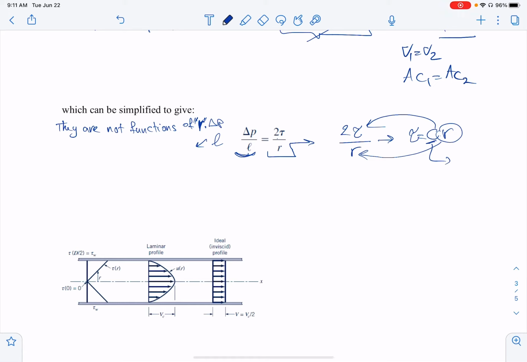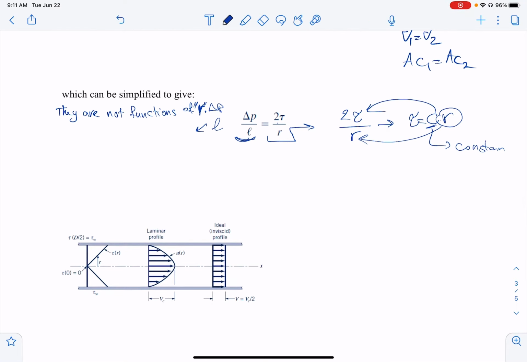And this C is a constant. So if we just use that one, and also if we use the boundary conditions, this is how we get this formula right here.